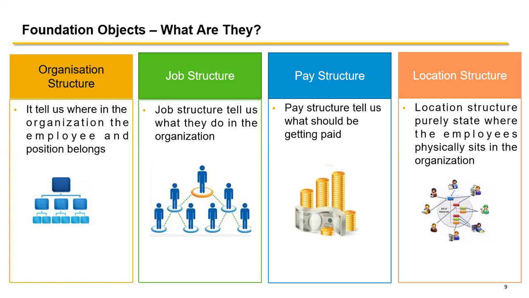Maybe you were hired in Noida, but there are projects where you work for the Bangalore location, so the working location would be Bangalore and the reporting or base location would be Noida. On these bases we segregate the foundation objects by which we can build everything in the system. That's why in SAP SuccessFactors, these are consolidated and called Employee Central core.